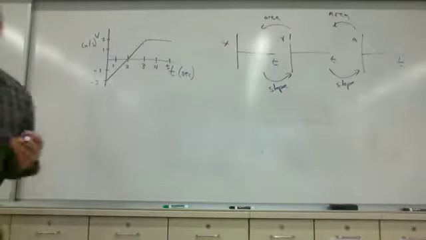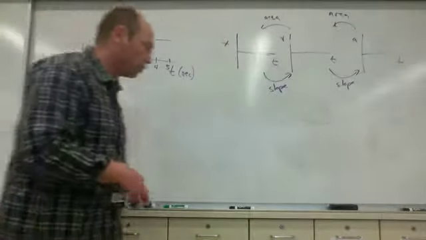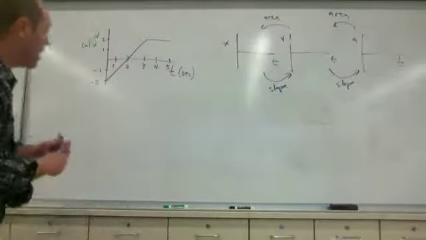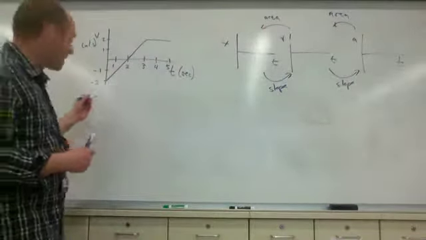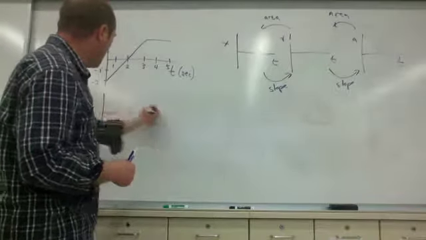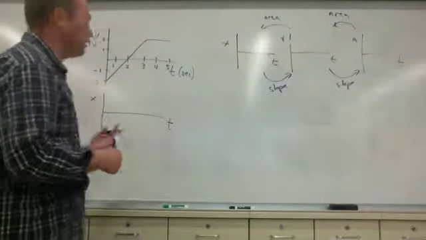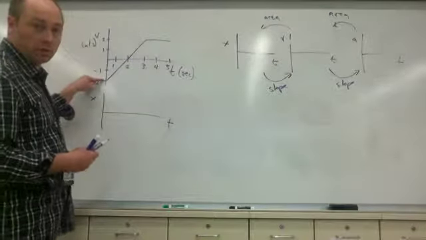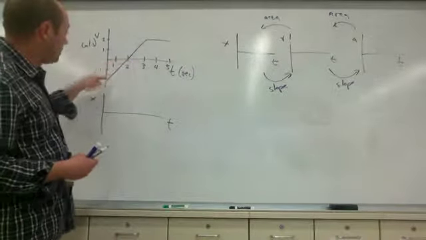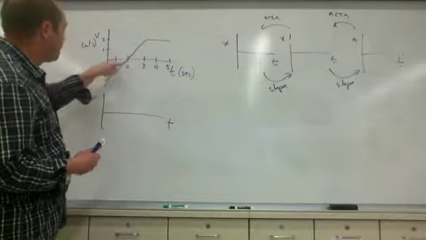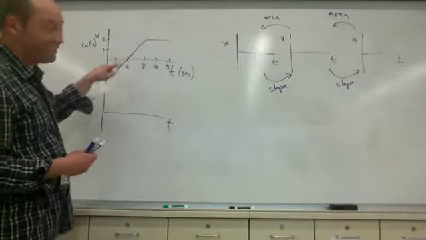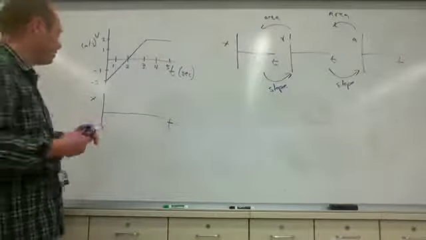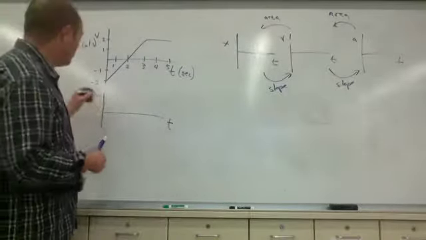Then if you wanted to draw out your x versus t and your a versus t graphs, we could do that, and it would look something like this. To draw my x versus t graph: moving backwards, slowing down means negative slope, getting less steep.